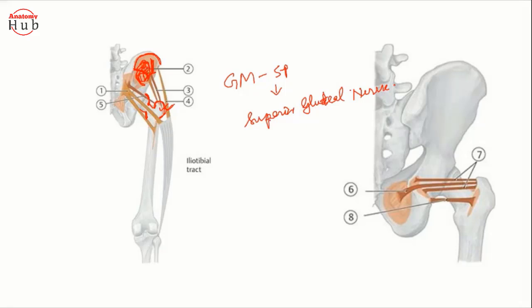Its root value will be L4 to S1. But the inferior gluteal nerve root value is L5 to S2, and the superior gluteal nerve root value is L4 to S1.